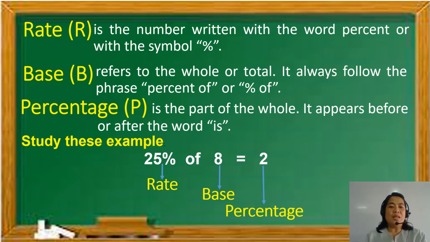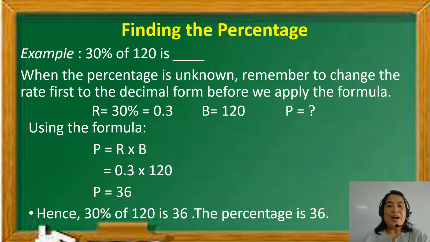So study this example. 25% of 8 is equal to 2. 25% is what we call the rate because the number has a percent sign. 8 is called the base because it follows the word of. 2 is the percentage because it follows the equal sign, that is, the word is. Finding the percentage. Example, 30% of 120 is blank.